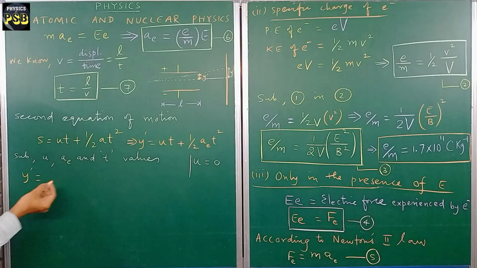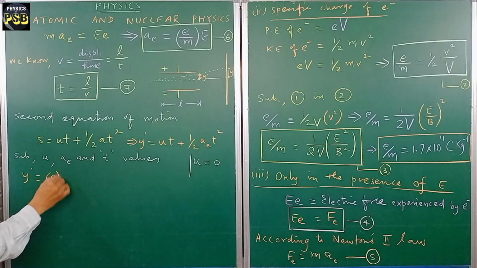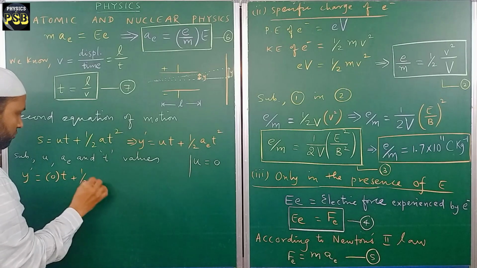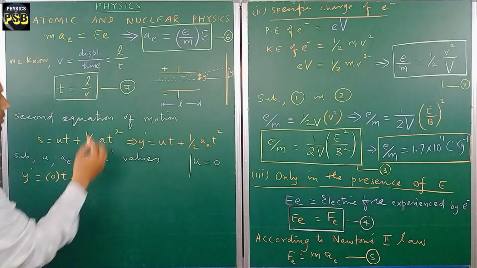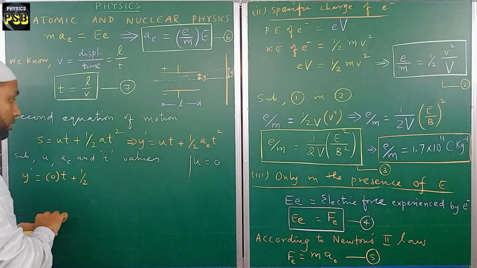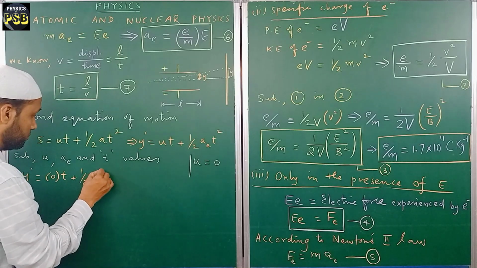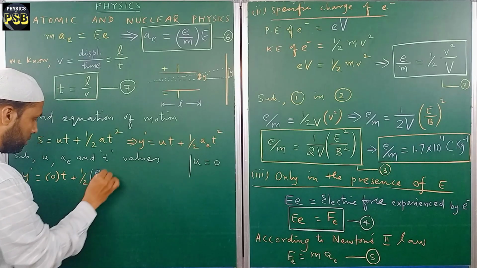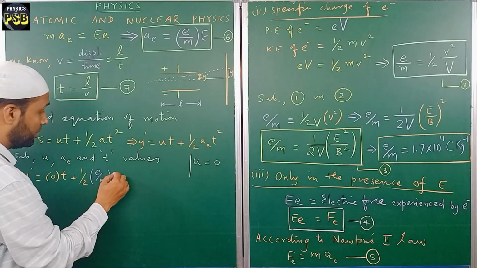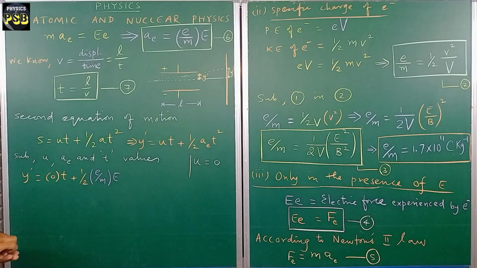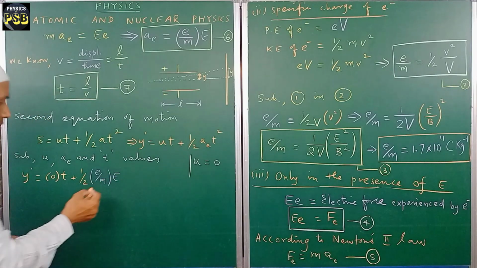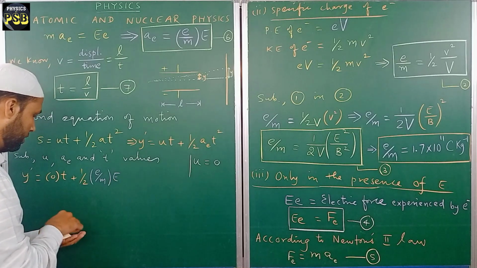Y dash equals 0 multiplied with t, which is 0, plus half a, which is E upon m multiplied with capital E, and t square is what?